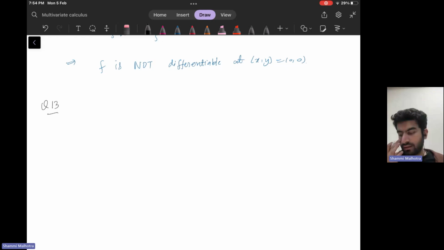Okay, so let's start, and we would like to continue, and let's have one more question which is actually based on the differentiability of the function. So let's have another function.